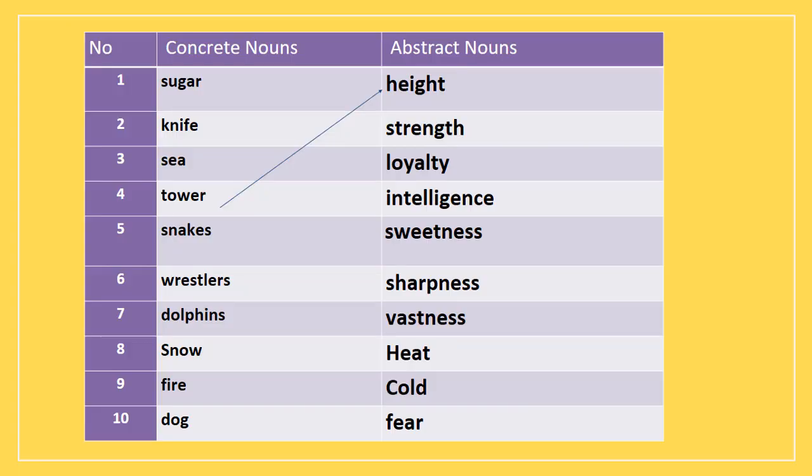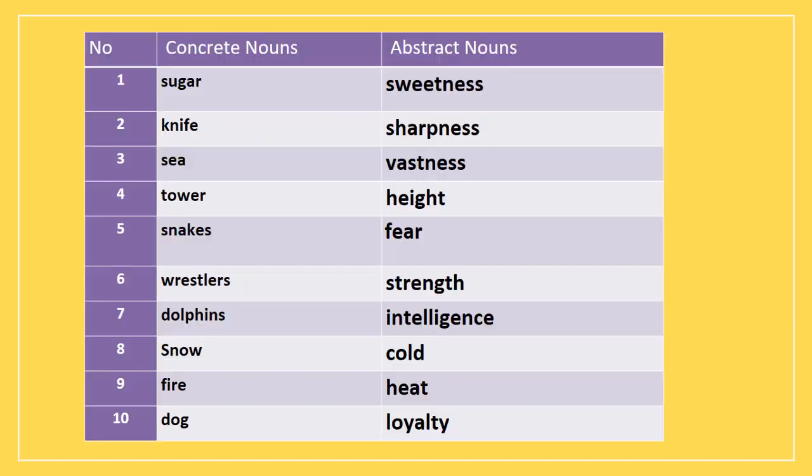Dear students, you will see 2 different columns in exercise B. In the column of concrete nouns, you will see sugar, knife, sea, tower, snakes, wrestlers, dolphins, snow, fire, dog. In the abstract nouns, you will see height, strength, loyalty, intelligence, sweetness, sharpness, vastness, heat, cold, and fear.